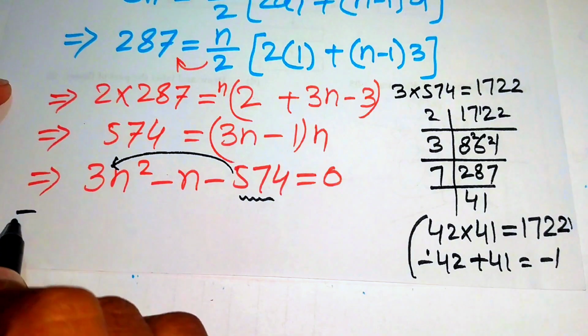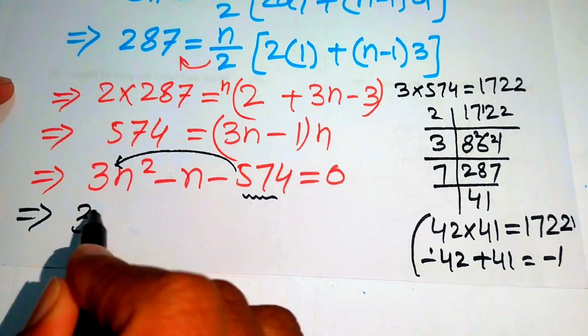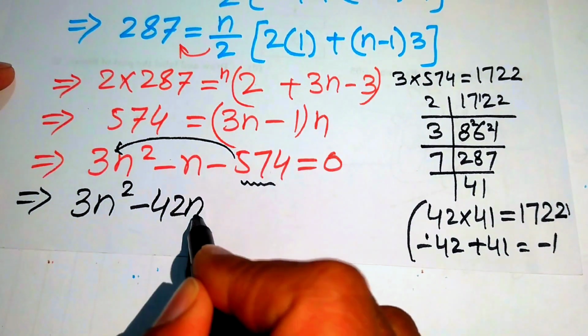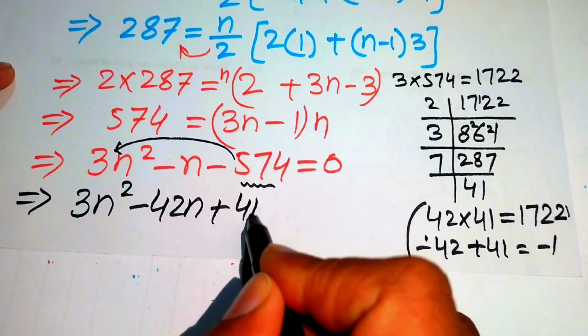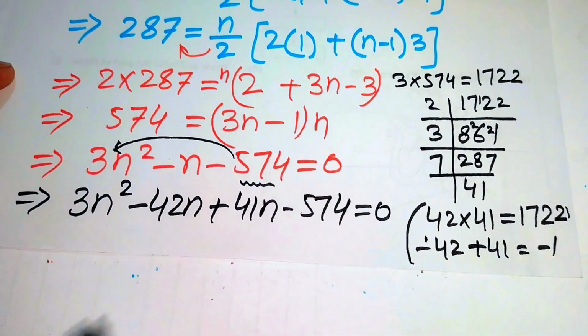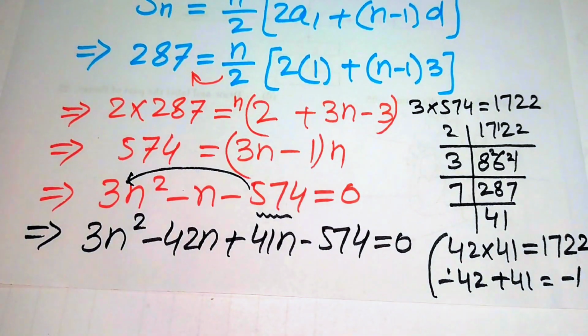So here we write this minus n as 3 times n square minus 42 times n plus 41n minus 574 equals to 0.